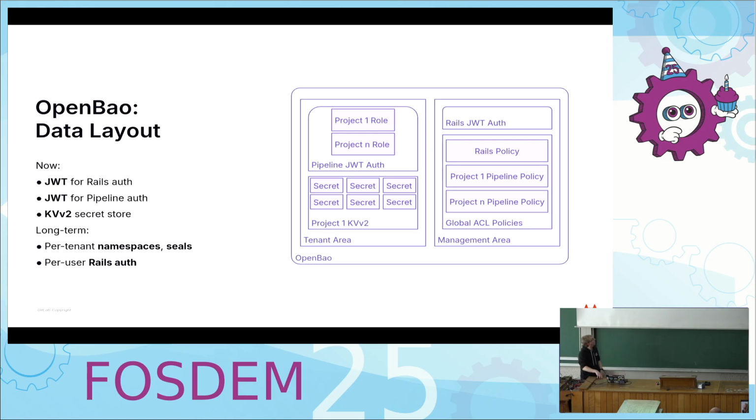Each tenant, usually an owner of a repository or organization, has a separate path area within OpenBao. Within the space, they have an authentication engine, a JWT auth, for authorizing pipelines access to secrets. Each project has its own KVv2 secrets engine, which stores the actual secrets.